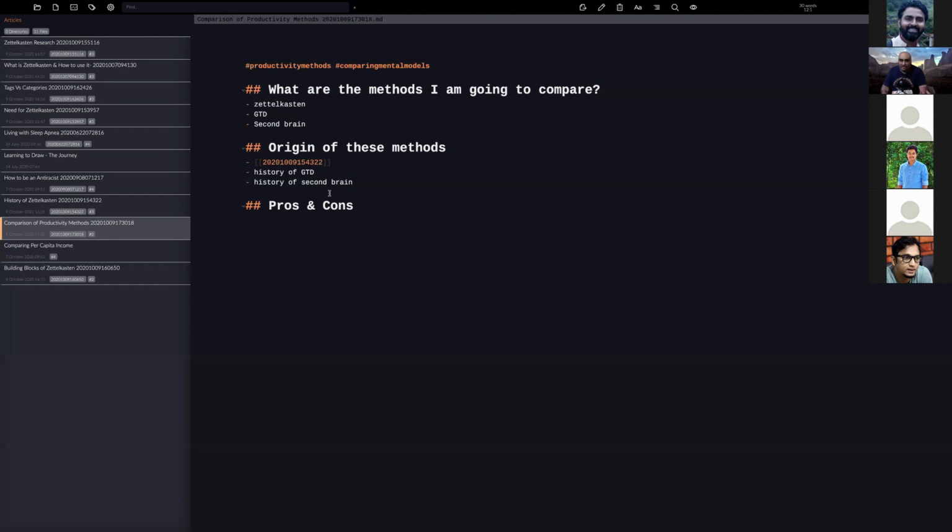I can reuse a note in an article that I'm writing only about Zettelkasten. I can reuse it in the note where I'm comparing productivity methods, or I can reuse it anywhere else. Got it? Okay, cool. So this is one way of doing it. I'll also show you one more.